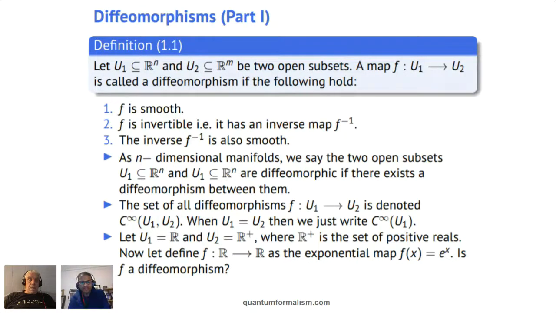Okay. Quick question: does the set R plus include the point 0? That's a good question. Here, I said it's the set of positive reals. Does it not make it a topology?